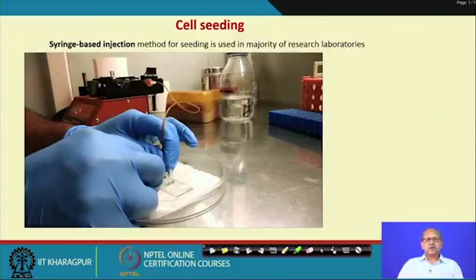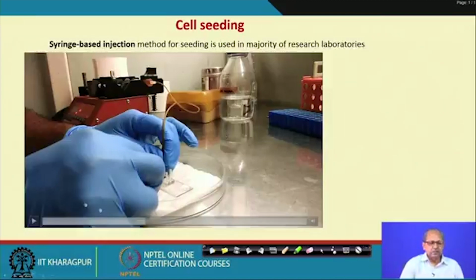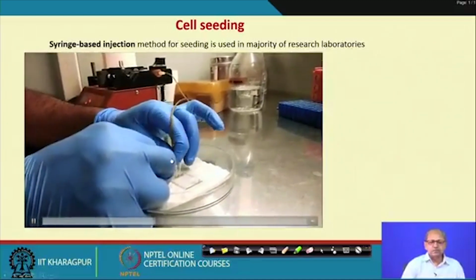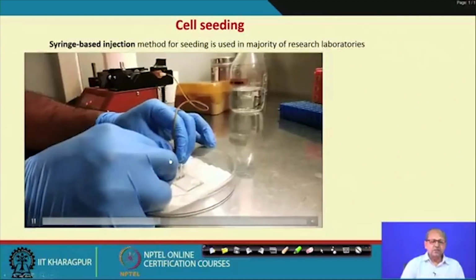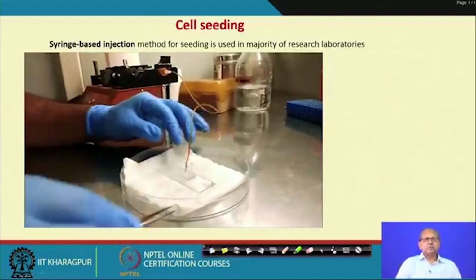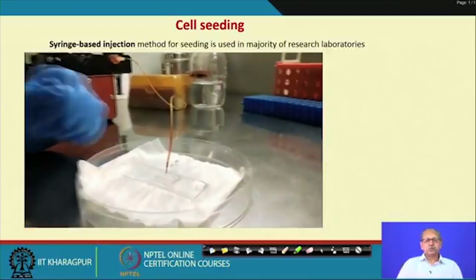After that, you connect the syringe pump where your cell suspension is kept with the tubing, then the tube is carefully connected with your entry or inlet port, and then you switch on your syringe pump, then fluid will flow.